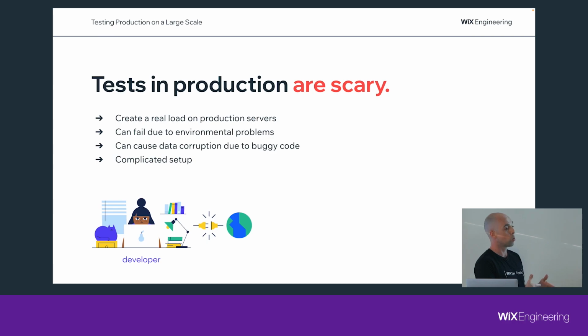Next, because I'm working on real servers and real data, if I wrote some kind of buggy code, it might destroy or corrupt my database. If you want to recover from that, you need to start having a migration, start fixing your test, which is kind of messy. And the biggest problem, and the reason why most people are not going to production testing as a default kind of test, is because it's really complicated to create an initial setup in order to test those things in your system.